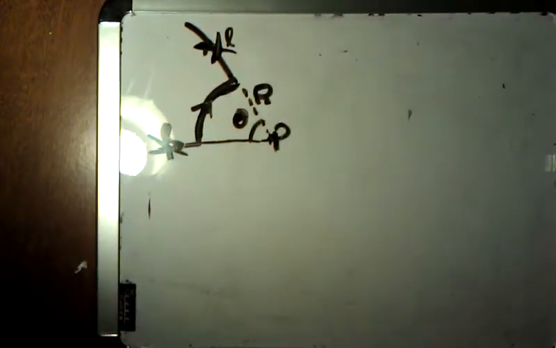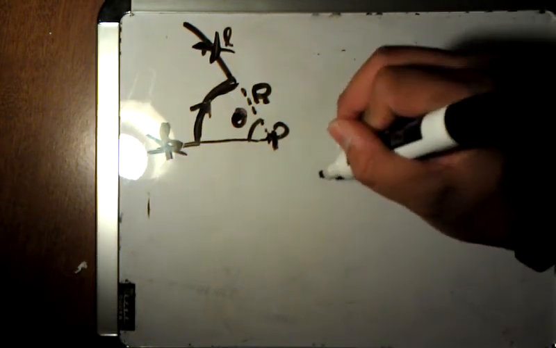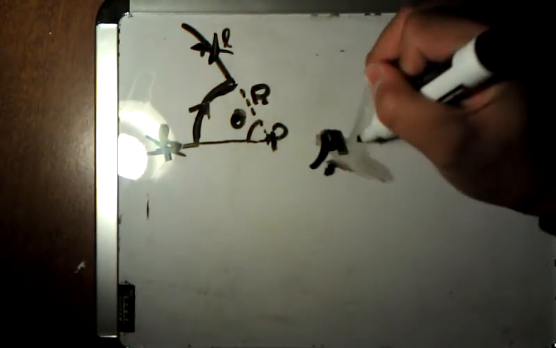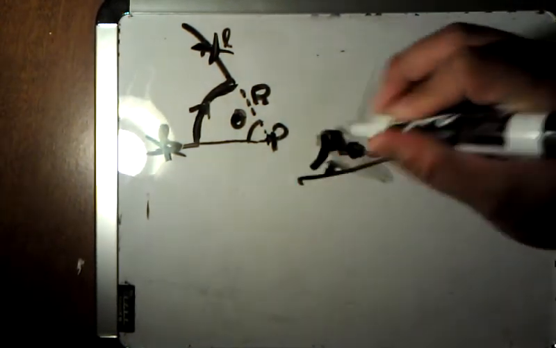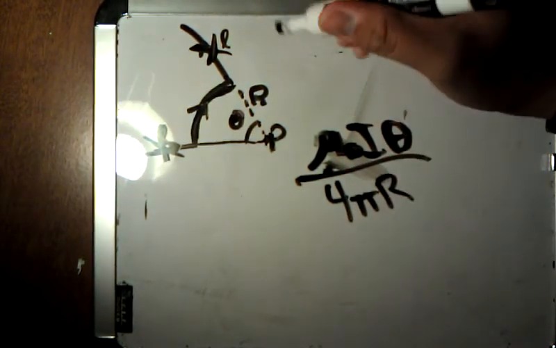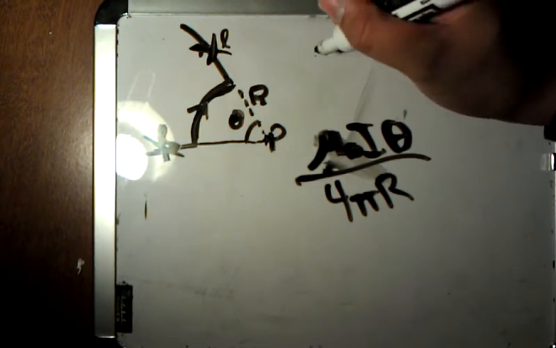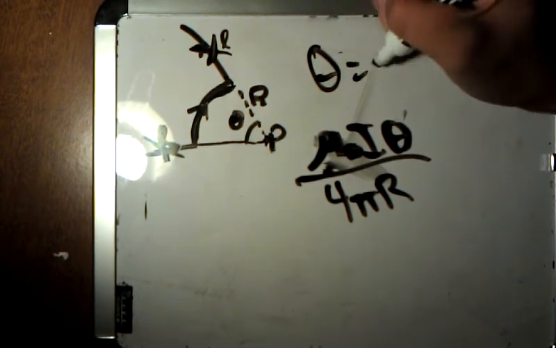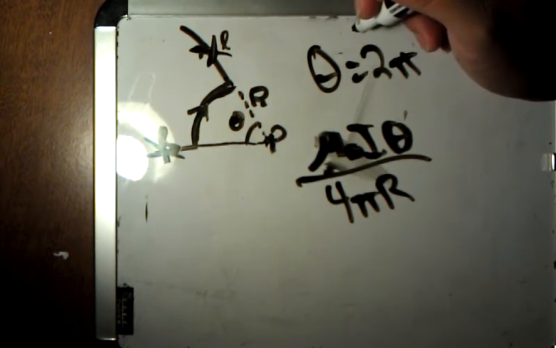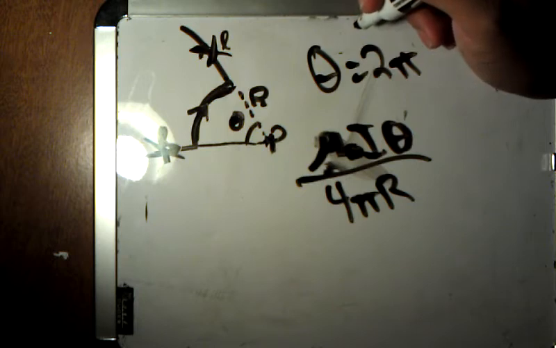So the equation we derived for point P was mu naught I theta over 4 pi R squared, or excuse me, 4 pi R. And they're asking us if we replace theta with 2 pi, would it be the same thing as the magnetic field of a current loop?